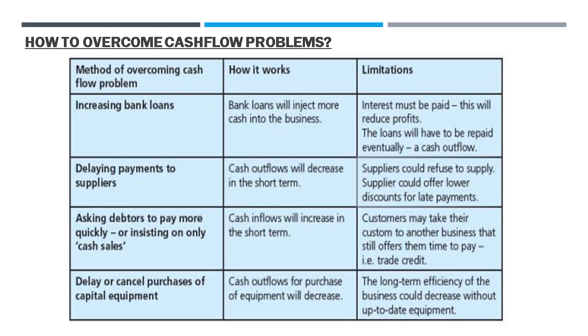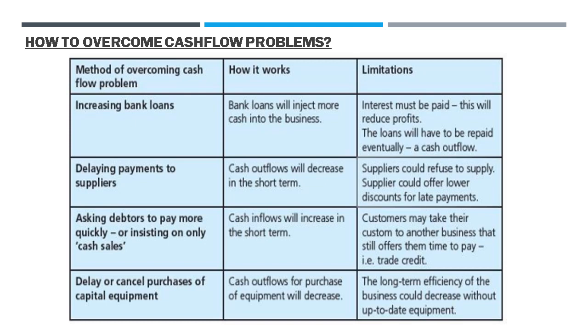This will probably put the company temporarily out of trouble, but it could also make the suppliers refuse to supply because of delayed payments, or sometimes the supplier could also offer lower discounts for late payments.